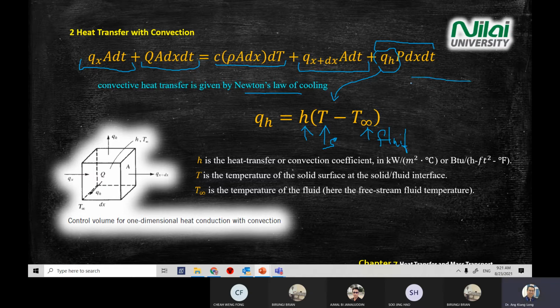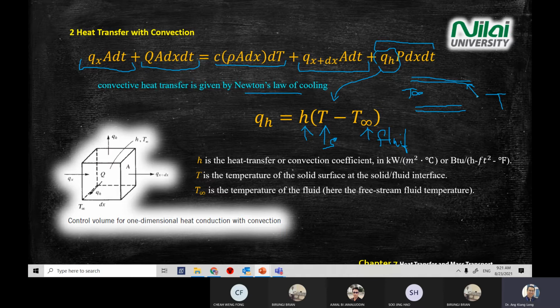So if you have a pipe just now, the fluid temperature is T infinity, and the temperature at the interface here is T. So there's a temperature difference between the fluid and the interface, the contact surface.